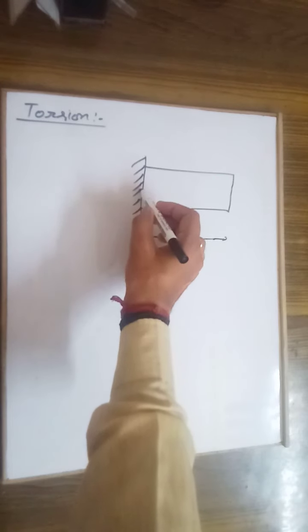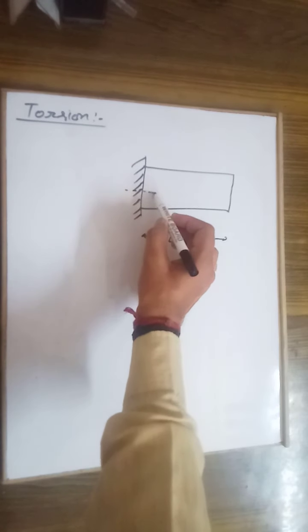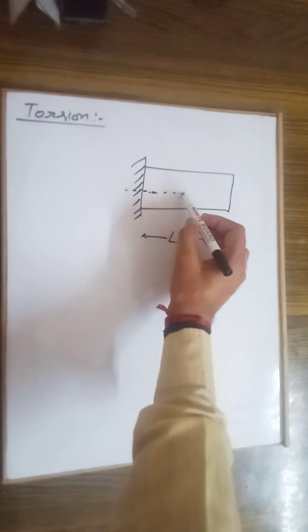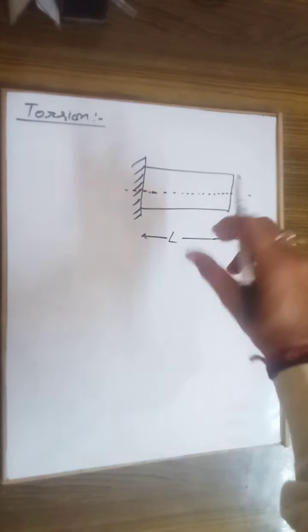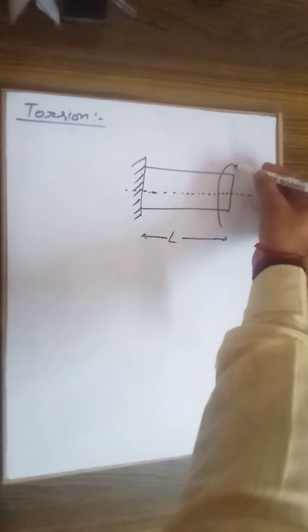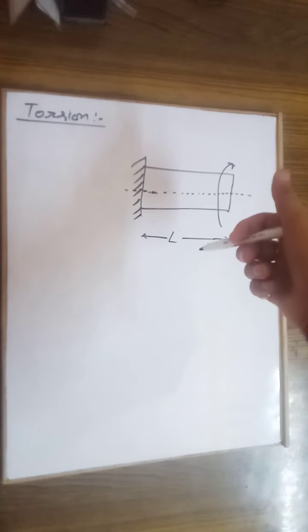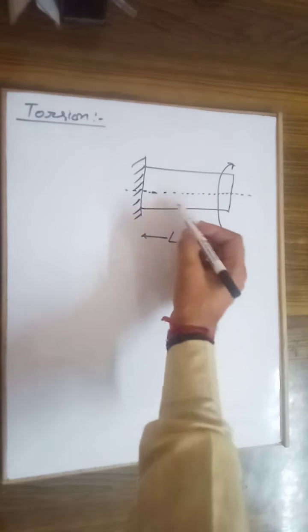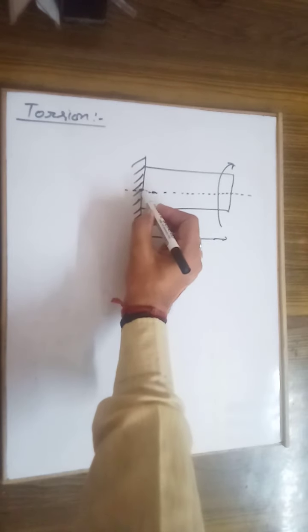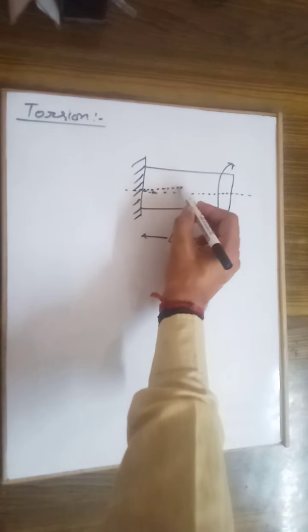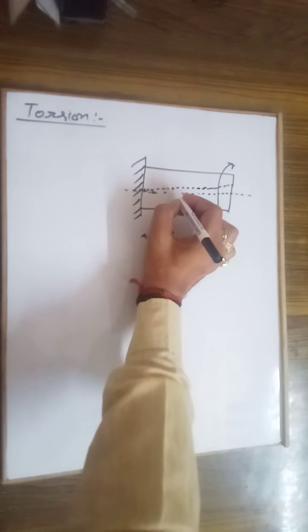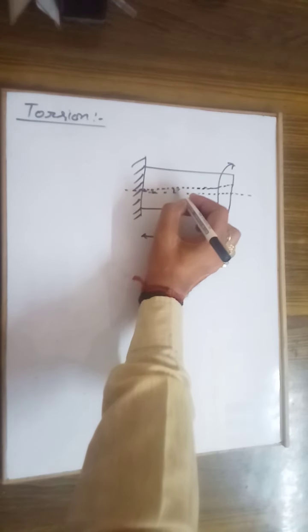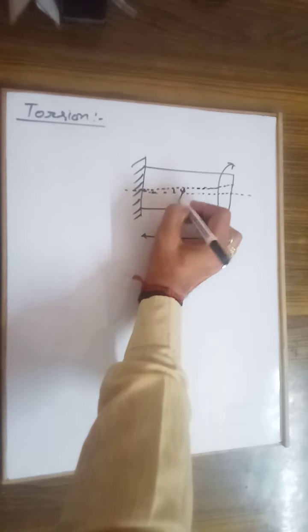And here, if this is the centroidal axis, and as we twist, we will apply some twist here in this direction like this. Some fiber of this will be twisted by an angle, let's say phi.